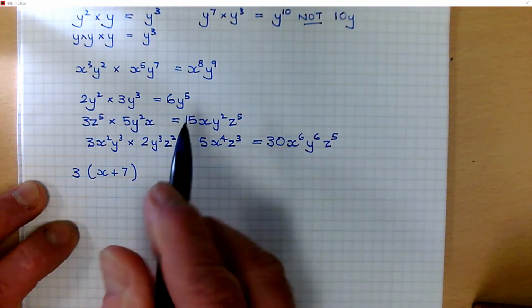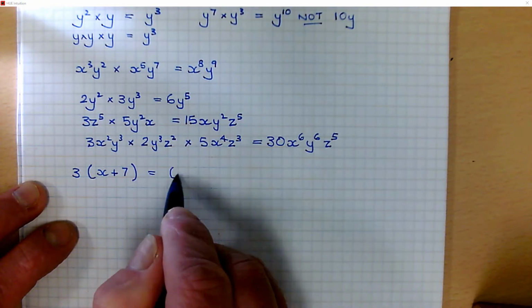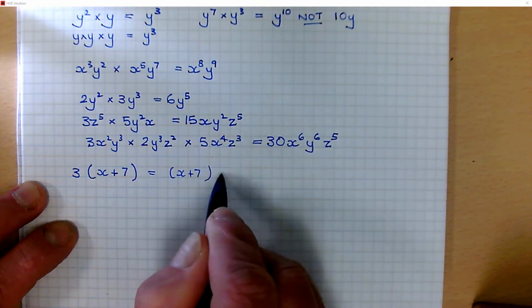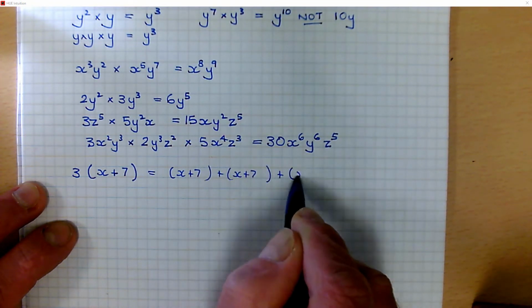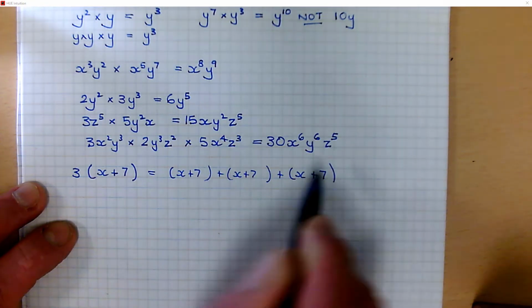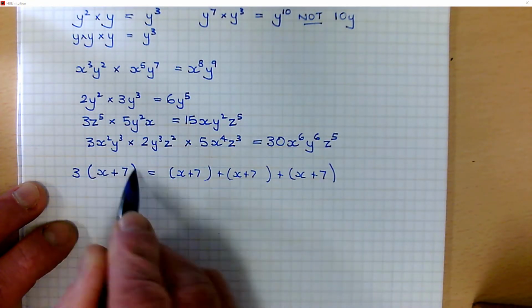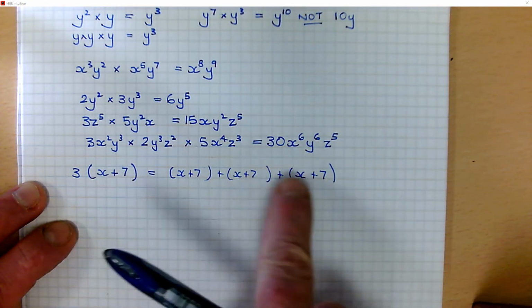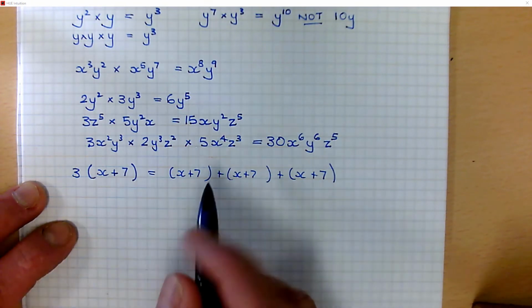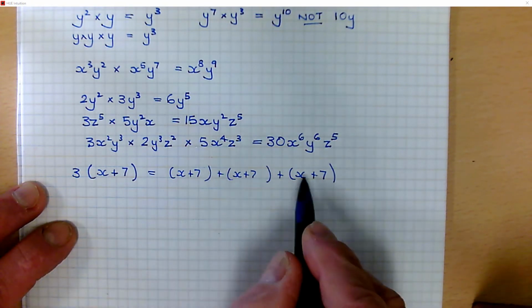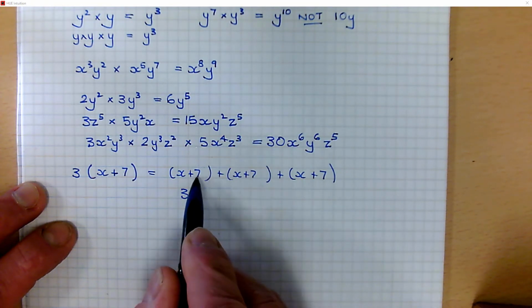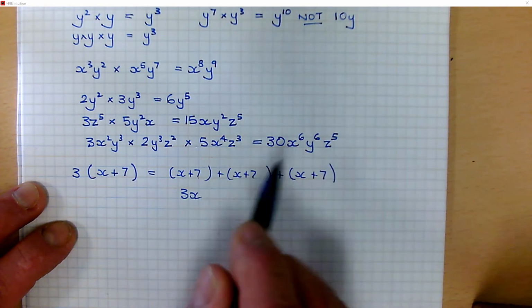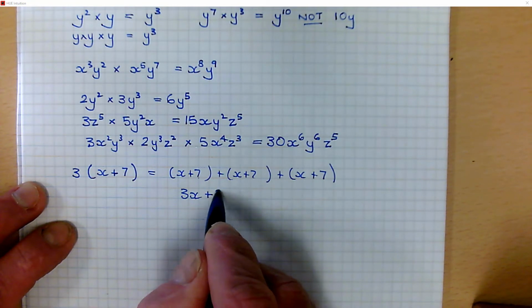That literally means x plus 7 plus x plus 7 plus x plus 7. We've got 3 lots of x plus 7. 1, 2, 3. So what have we got? 1, 2, 3 x's and 1, 2, 3 lots of 7, which is 21.